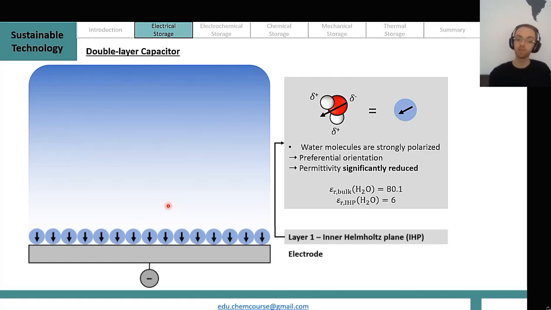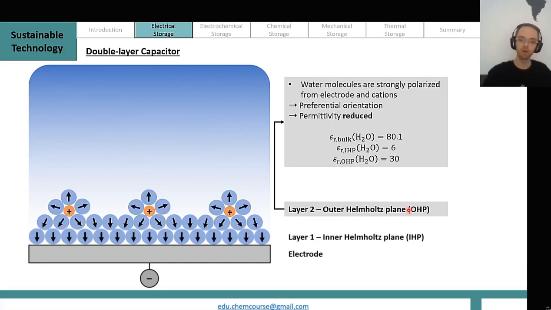As a consequence of that, the permittivity of water is significantly reduced in this kind of layer. We've seen earlier in this plot that the relative permittivity of bulk water is around 80.1. In the inner Helmholtz plane, the permittivity of water is only 6. And this is due to the forcing of this orientation.